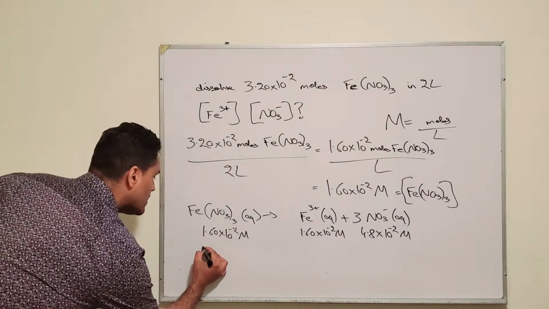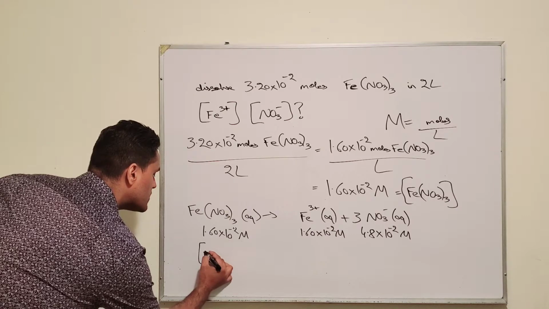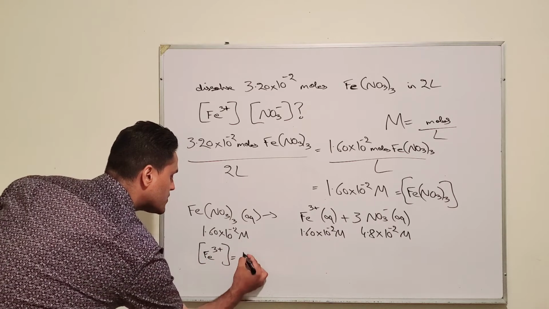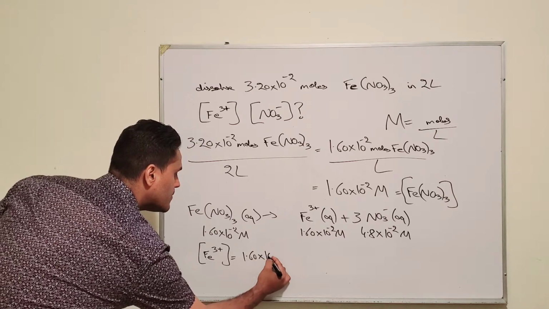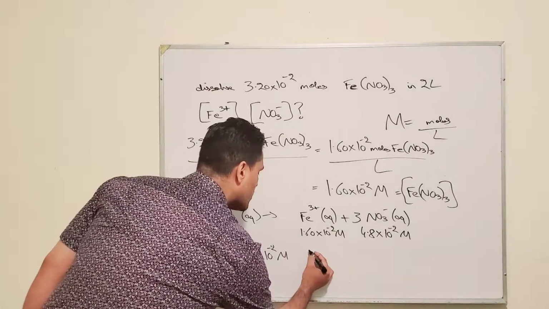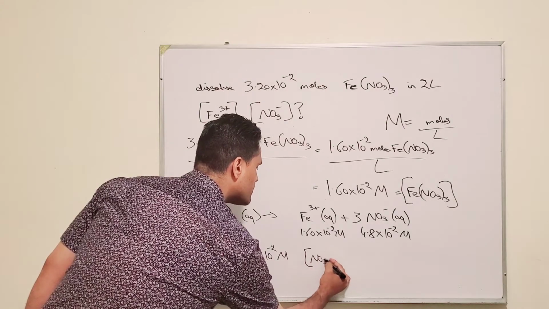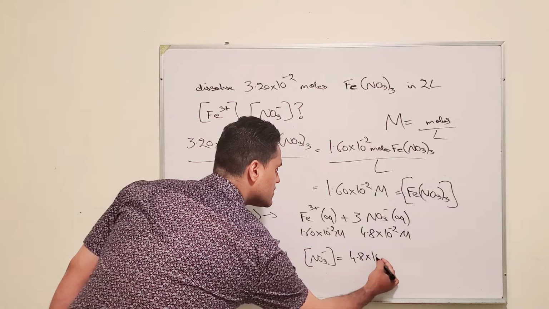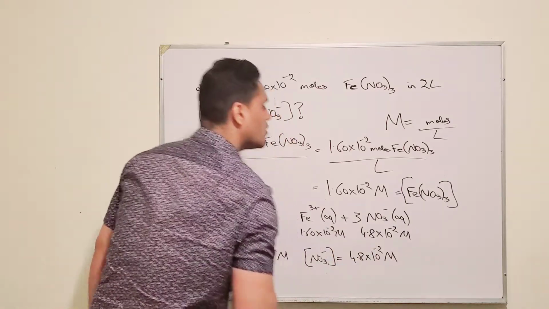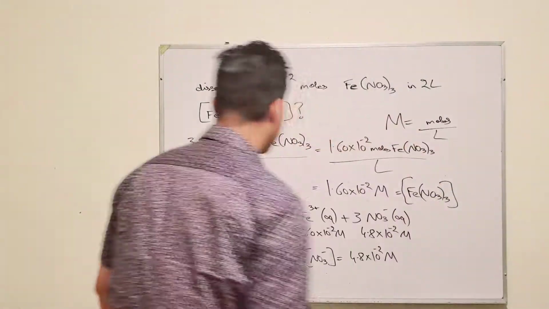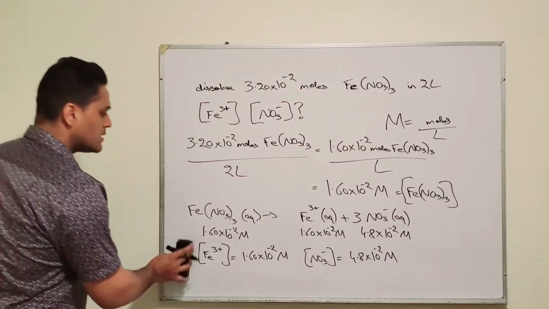So we can say our concentration of Fe3+ is just 1.60 times 10 to the power minus 2 molar, and my concentration of NO3 minus is 4.8 times 10 to the power minus 2 molar. Okay? So that's our final answer, folks.